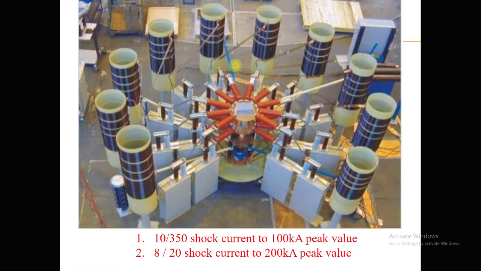This is the impulse current generator, okay, which produces 8 by 20 microsecond shock wave current to a peak value of 200 kiloampere and also 100 kiloampere of a longer duration. So the same circuitry can be utilized by modifying some components to simulate the lightning impulse currents and the switching impulse currents.